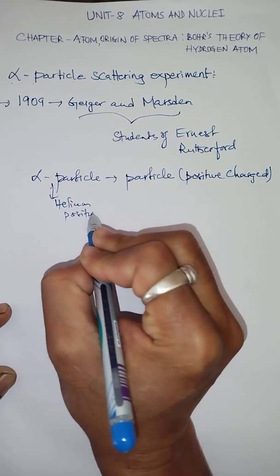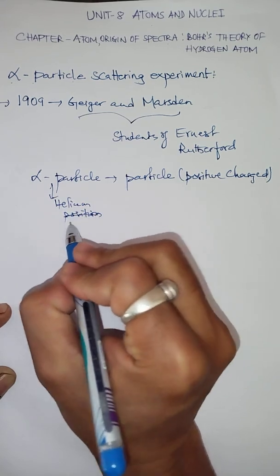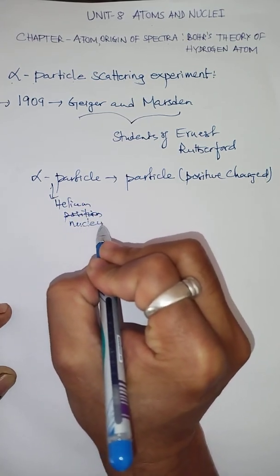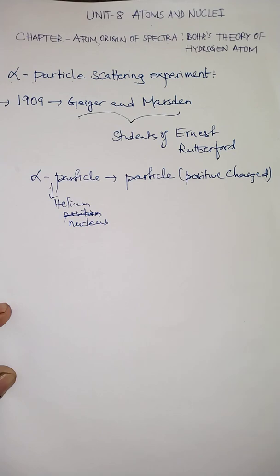Children, one of the chapters you learned in class 10, and it was there in the class 12 syllabus, but as per the reduced syllabus we didn't do it, is radioactivity. Radioactivity is a phenomenon where there is an emission of alpha ray, beta ray and gamma ray.